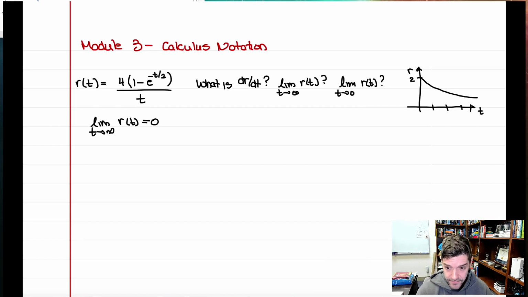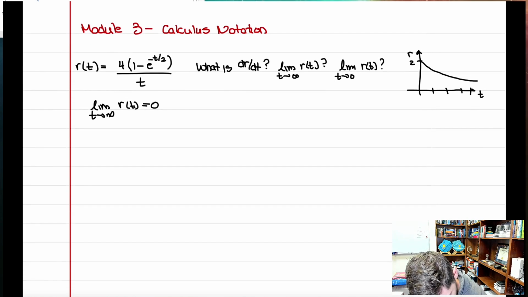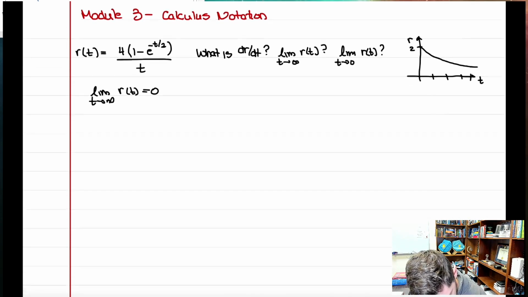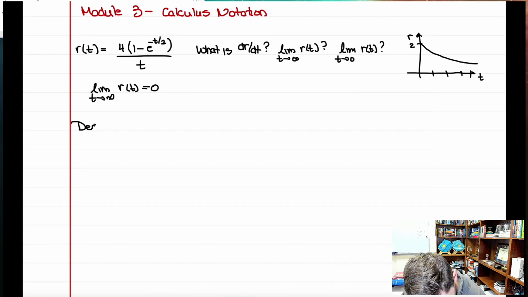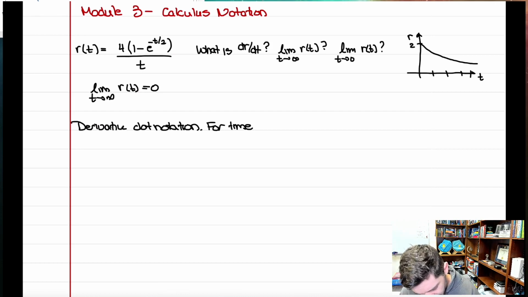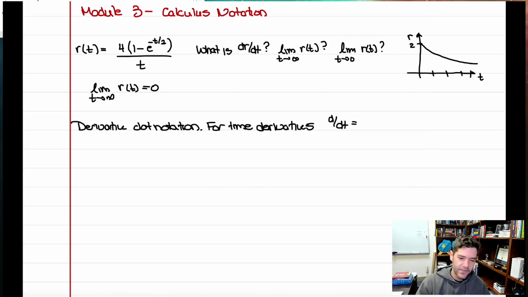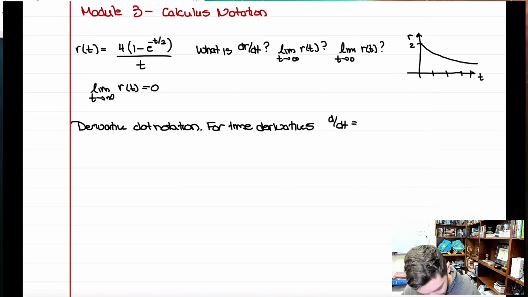Now the derivative allows me to introduce this dot notation, the derivative dot notation that most books in classical mechanics use. This is really used for time derivatives. The derivative d by dt, I don't have to bother writing that every single time.